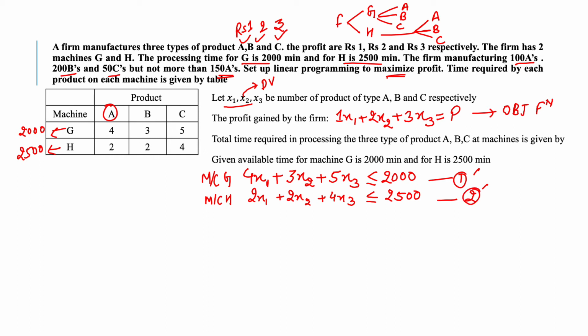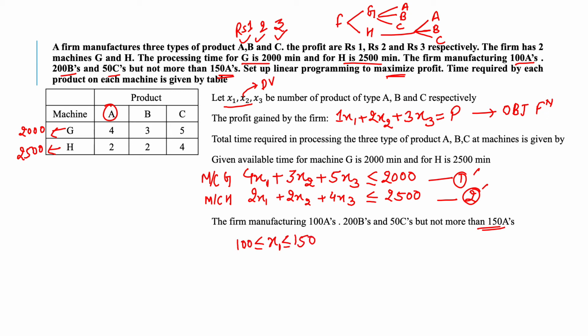The next constraint is that the firm manufactures 100 of A, but not more than 150. So for x1 it should be greater than 100 but less than 150.